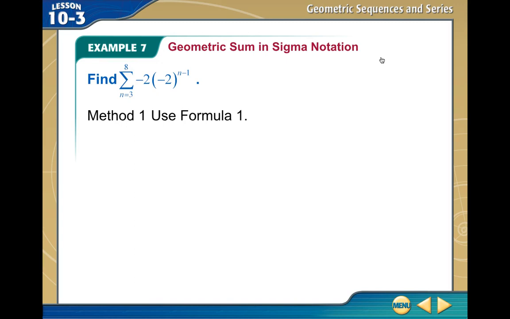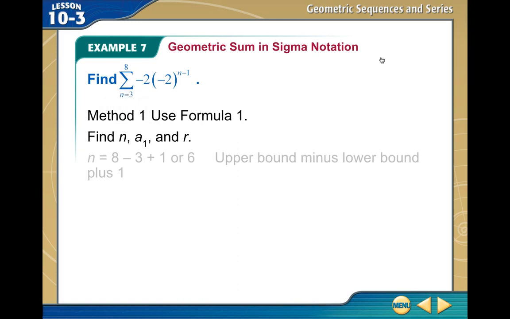So what they're going to do is they're going to use formula 1 because we know our n value. It's not as straightforward as just using 8, okay? Because we didn't start at 1, we started at 3. So I know that 8 minus 3 plus my 1 more is going to be 6, and so that becomes my upper bound minus my lower bound, gives me how many terms are in there.